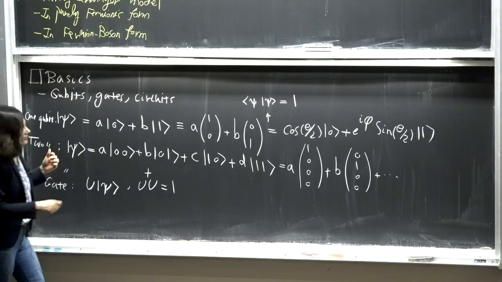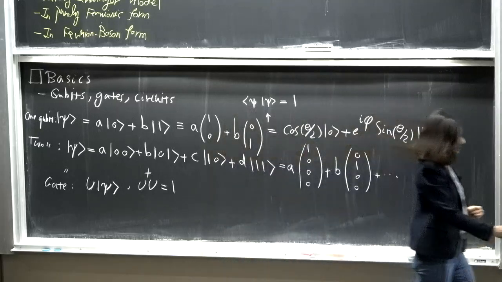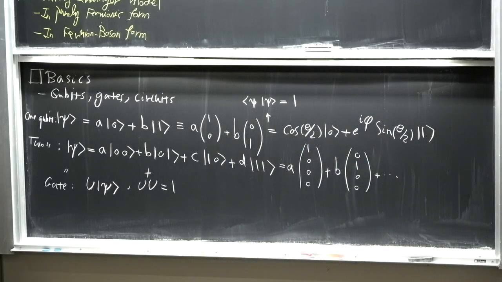OK, so what are some of these single qubit gates and multi-qubit gates? Well, the usual one is the X gate that flips the state of a single qubit. So this is essentially just sigma x acting on a qubit, and this is just [0, 1; 1, 0].